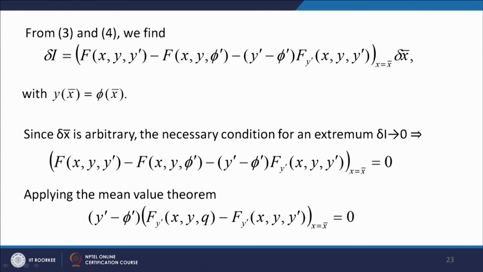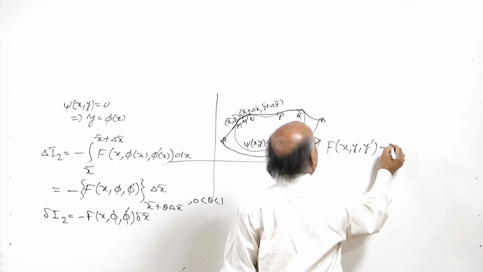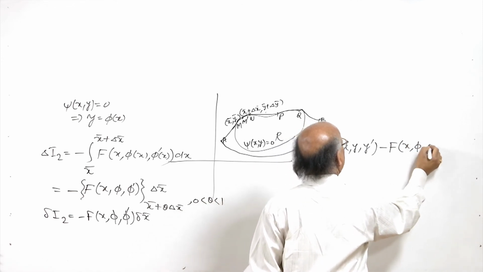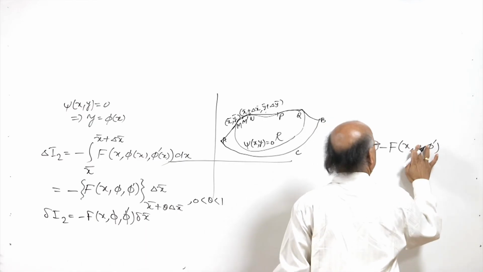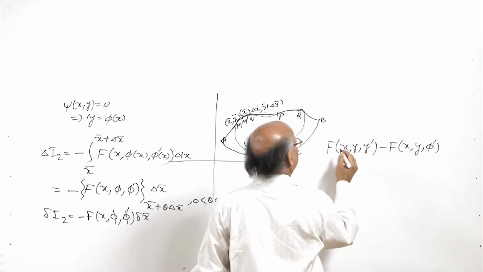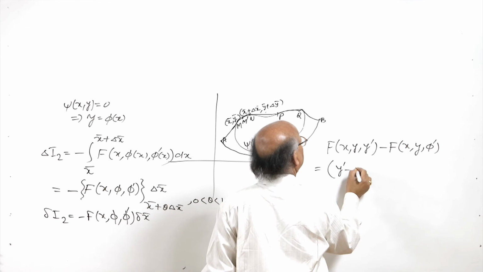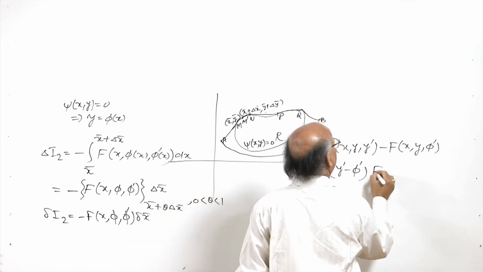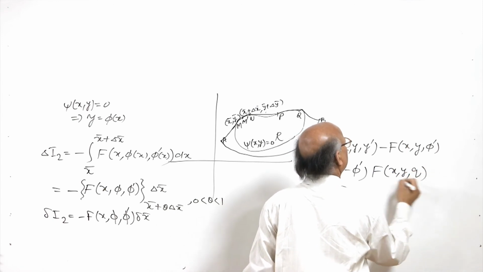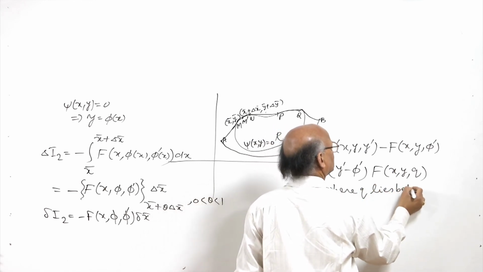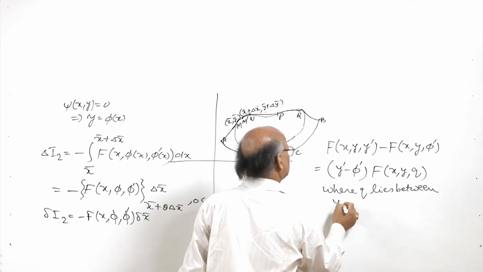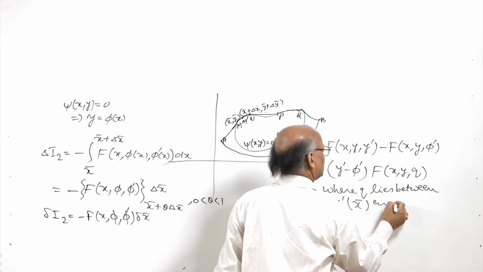So by the mean value theorem, f_x ψ' minus f_x φ' will be equal to (ψ' minus φ') into f_ψ'ψ' at q, where q lies between ψ'(x̄) and φ'(x̄).